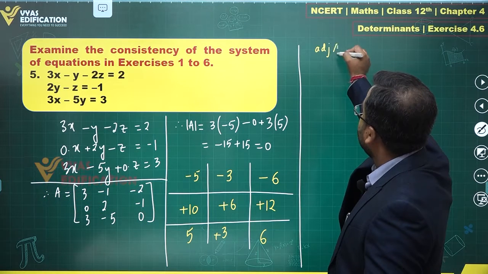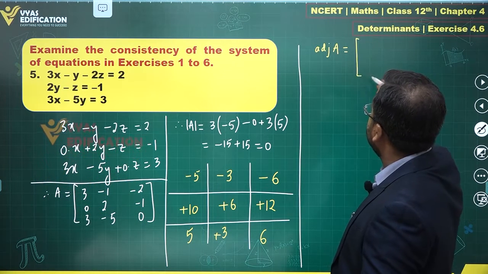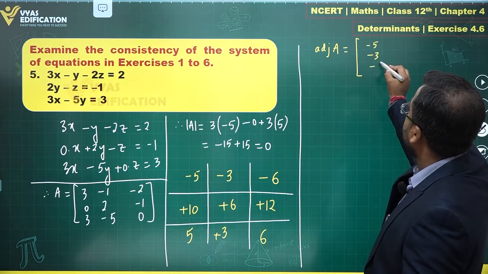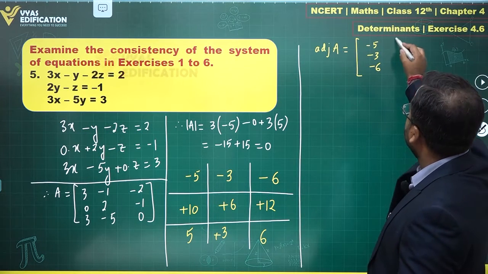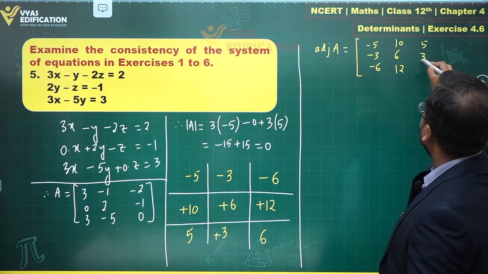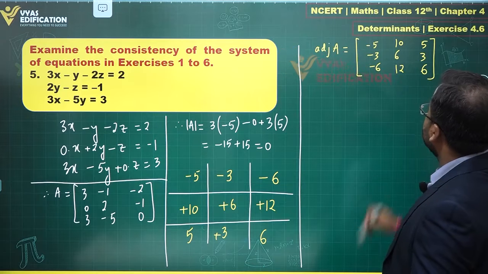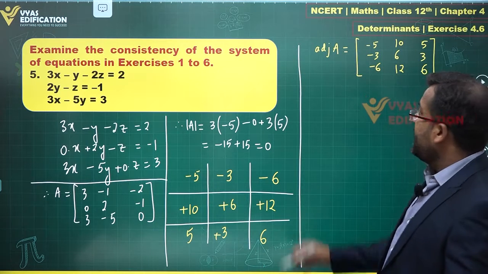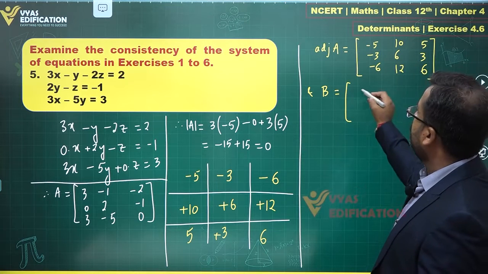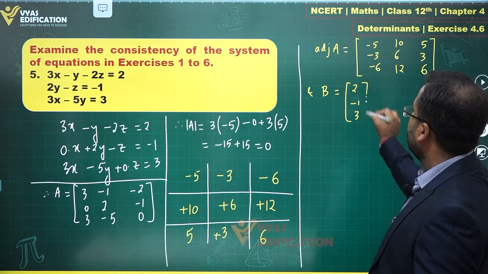The adjoint of A is equal to the transpose of this, which is minus 5, minus 3, minus 6 over here, 10, 6, 12 over here, and 5, 3, 6 over here. This is what you get. Adjoint of A. And matrix B. Matrix B is nothing but the right hand side elements, that is 2, minus 1, 3.